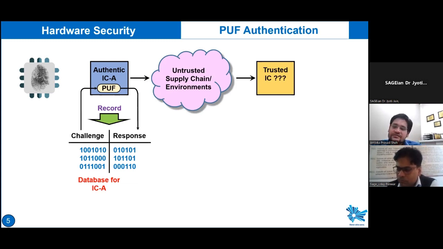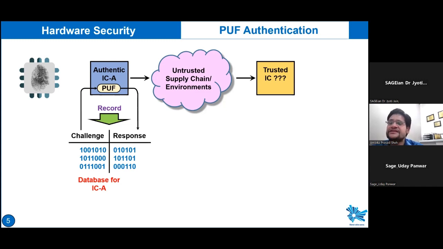Because in some applications like defense applications, you don't want to use an untrusted IC. You want to use a trusted, authentic one. If your IC is not authentic, some secret information can be leaked if the application is very sensitive, like defense. So you need to validate whether you have received the trusted IC or not.